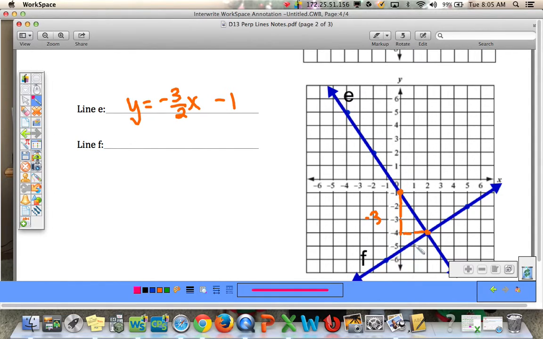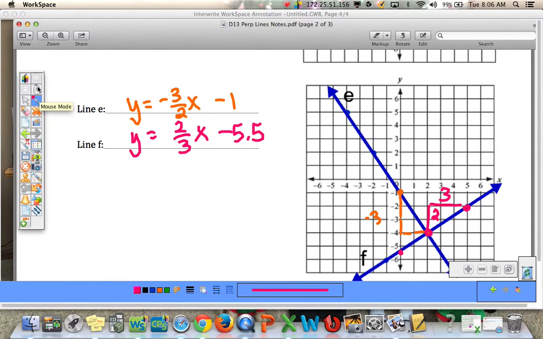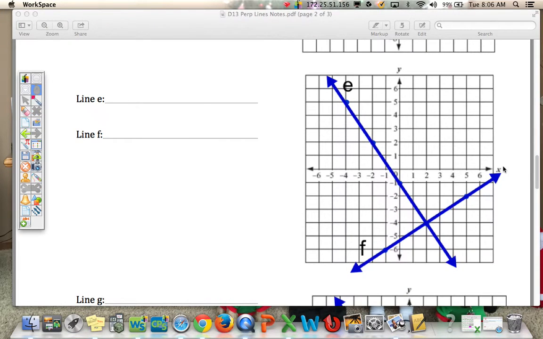All right, so F, if we look at the y-intercept, we'll estimate negative 5.5. And then if we pick any 2 points and find that slope, it is positive 2 over 3. So we have y equals 2 over 3x minus 5.5. And let's look at one more before we start finding patterns here.